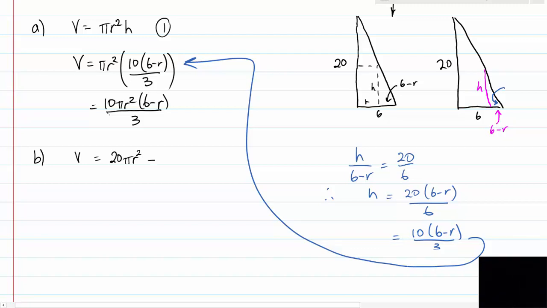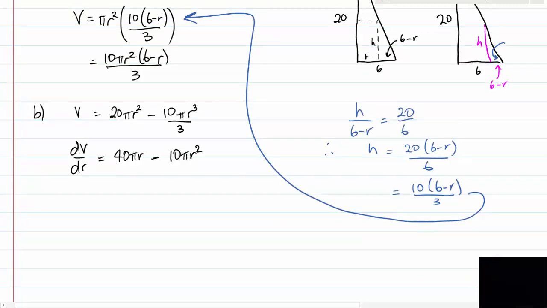And then minus 10 pi r cubed over 3, which in itself is going to be quite nice because when I do dV/dr here, I'll be left with 40 pi r minus, and the cube would cancel out with the 3, giving me 10 pi r squared.